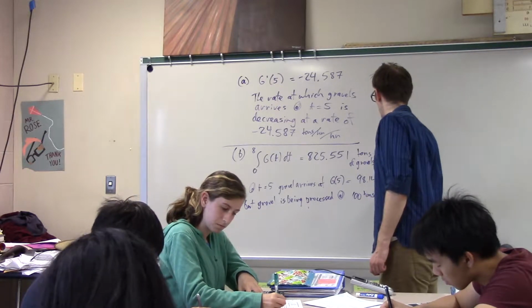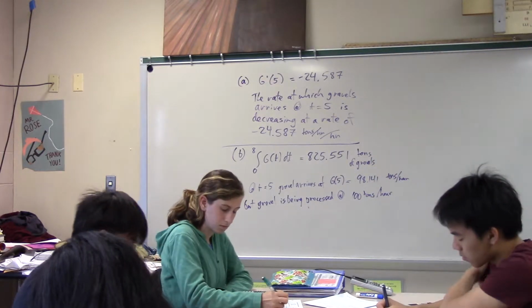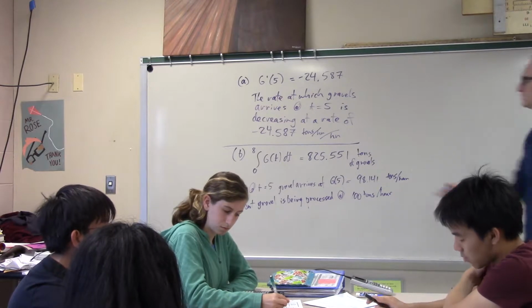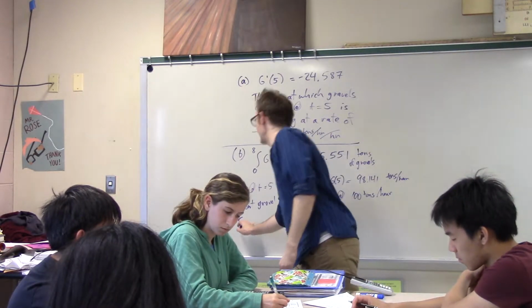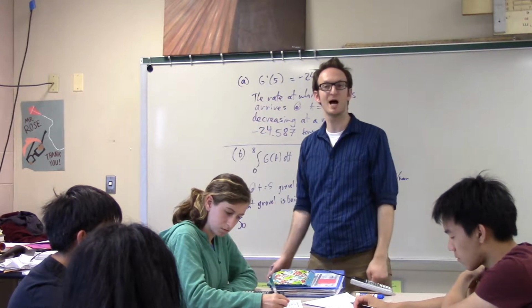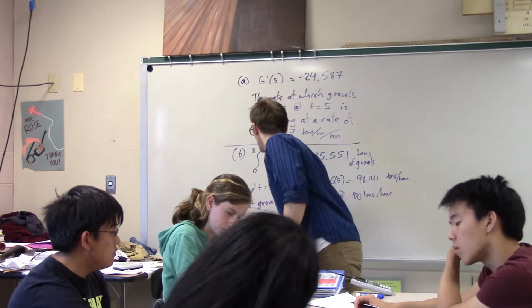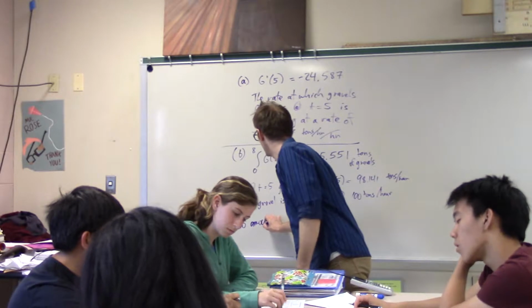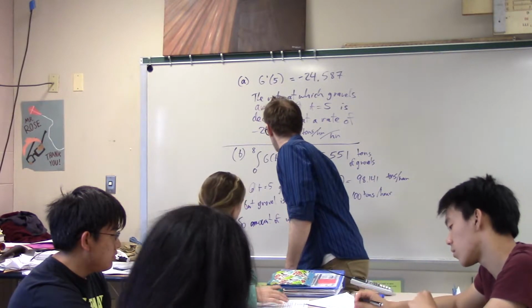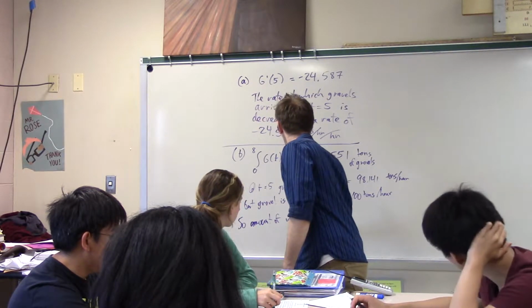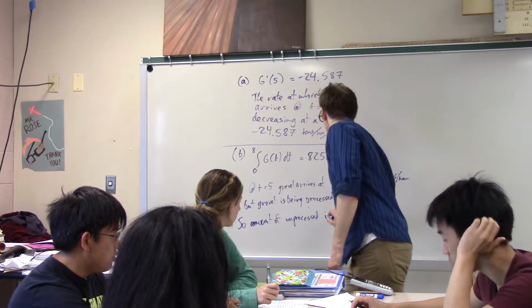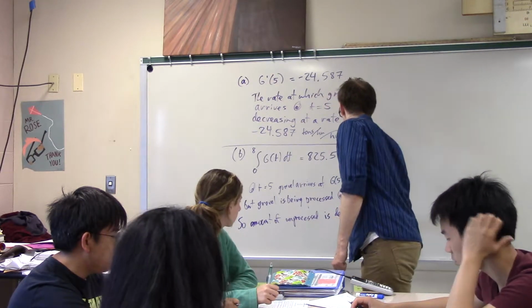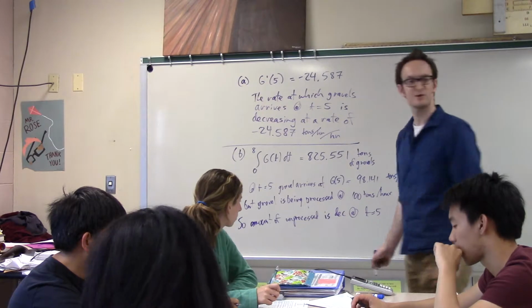So if it's arriving at 98 tons per hour but being processed at 100 tons per hour, that means the amount of gravel is decreasing. And that's what they asked, right? So the amount of unprocessed gravel is decreasing at t equals 5. Is everyone okay with this?